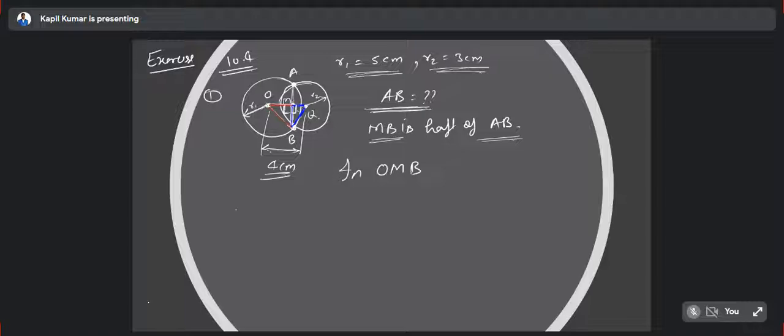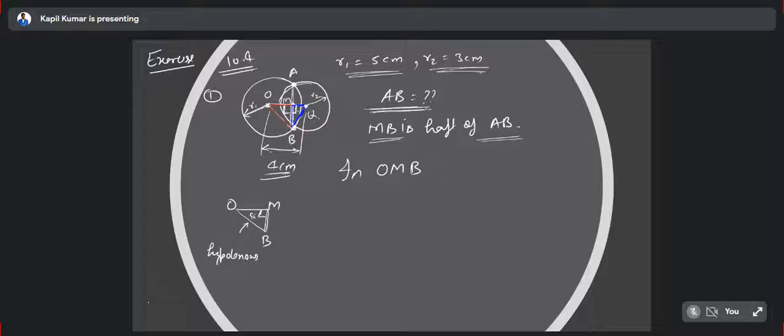If I draw the triangle here, it is O, M, and B. This angle is 90 degrees, so it is a right angle triangle, and in this triangle, this side is the hypotenuse.